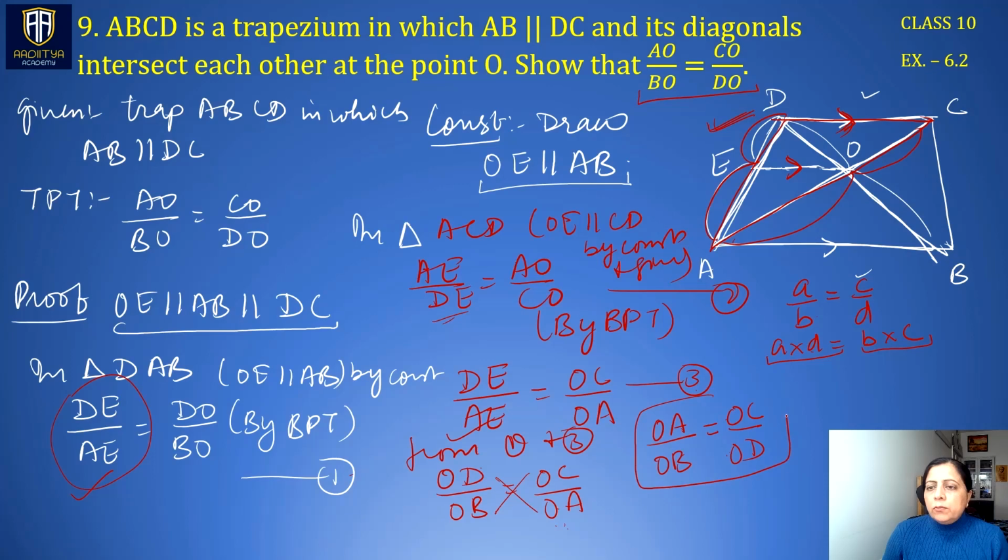This is another way to write this given ratio. This is called alternando. OA upon OB is OC upon OD. We have just changed the order of the ratio. The thing remains the same. So hence we have proved what we wanted to prove.